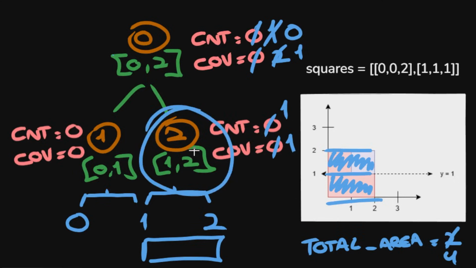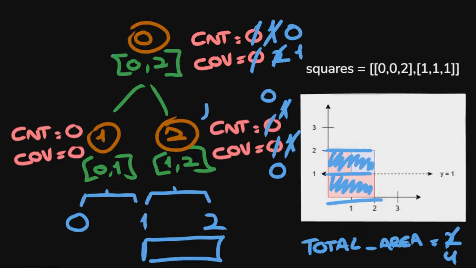Next we continue with this one. We can fit this here, so now we can remove one square from this segment. This is now 0, and the new covered value at this point is 0. And now, given that in the root the count is 0, we need to update the value for covered. This is the sum of 0 and 0, which is 0. So now we have already tried every breakpoint and the total area is 4.